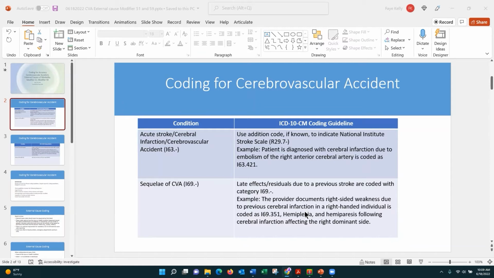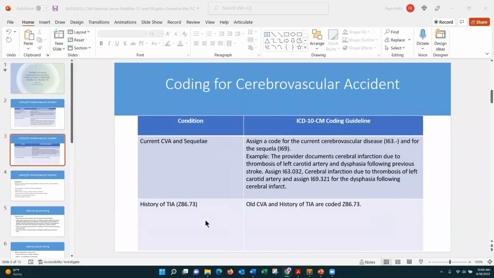But if you have a residual, meaning a late effect, hemiparesis, difficulty swallowing, difficulty talking, if there's any residual late effect from a previous stroke, you will always assign from the I-69 category. Okay, let's look at the next slide.